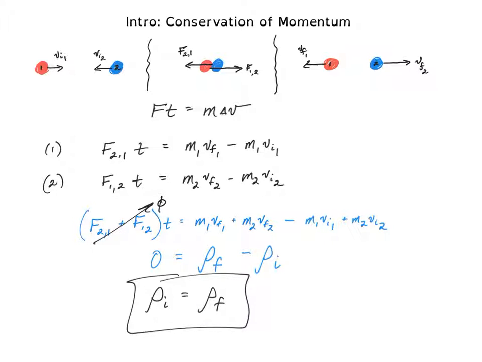Now, I want us to understand a little bit more conceptually about what's going on with conservation of momentum. Knowing that these forces are equal to one another, we're saying that the impulse that each object within this collision experiences is the same. They're experiencing the same magnitude of impulse, the same magnitude in their change in momentum. But what's different? Well, depending on the mass of these objects, what's different is their change in velocity.